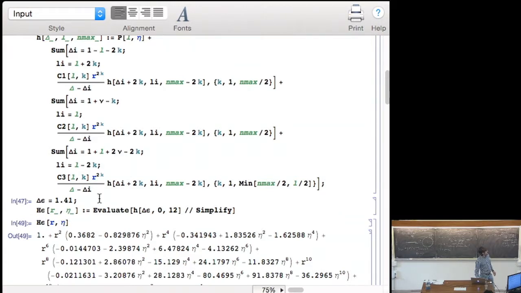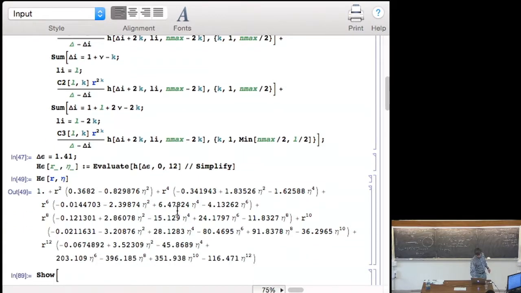I evaluate the conformal block for dimension delta epsilon and for spin 0, because epsilon is a scalar, and I only compute the first 12 terms in this power series expansion for the purposes of this exercise.